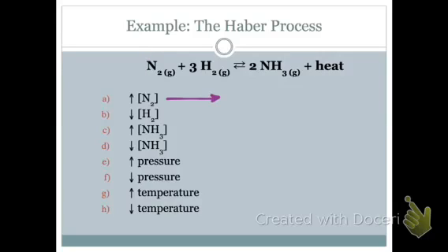I'm going to decrease my hydrogen, so I'm going to lower that, which means it's going to shift everything to the left. Because again, all it's trying to do is create equilibrium. It's trying to come back to balance. If I increase my ammonia, it's going to shift things to the left. If I decrease my ammonia, it's going to shift things to the right.